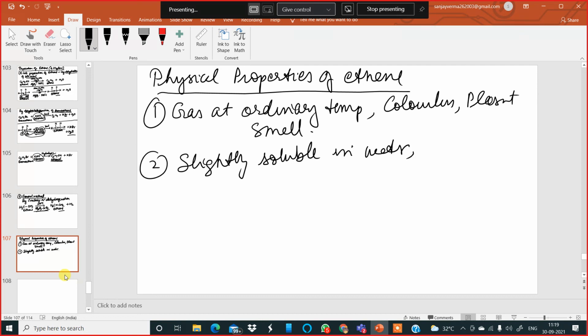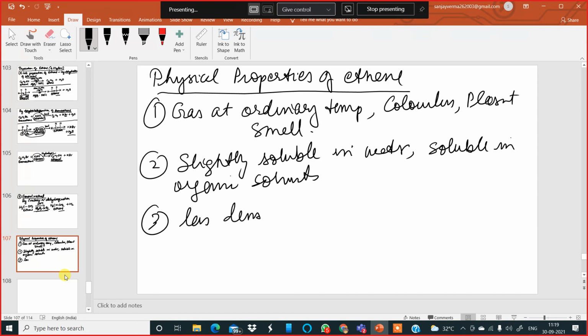Remember that. But it is soluble in organic solvents. Number three, it is slightly less dense than air. So this much you try to remember with regard to the physical properties of ethene.